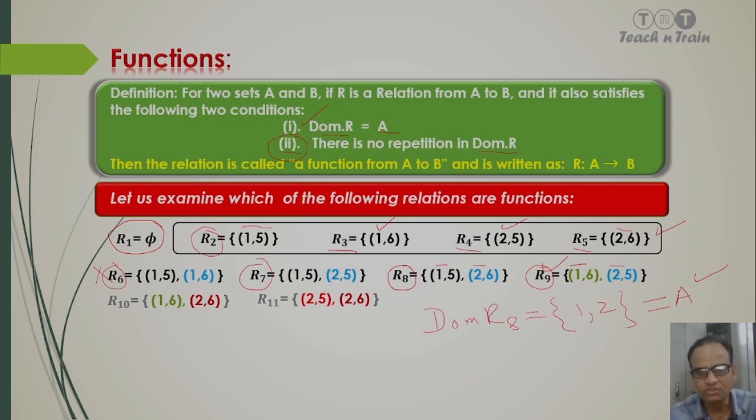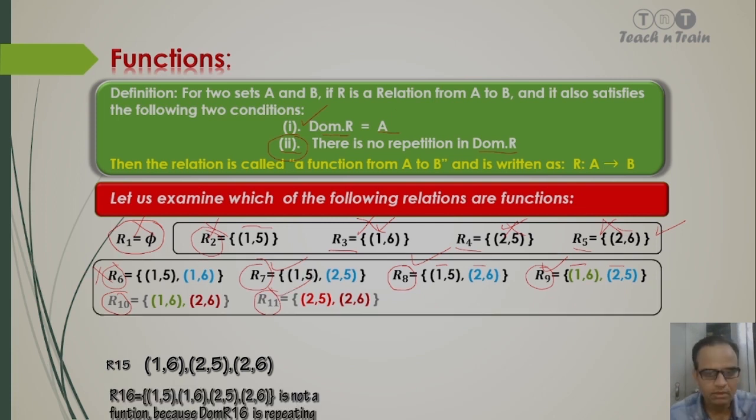So R9 is also a function. Similarly, R10 is a function, R11 is a function, and R1 is not a function, R2 is not a function, R3, R4, R5 all are disqualified from being a function, up to R6. But R7, R8, R9, R10 and R11 are the functions.